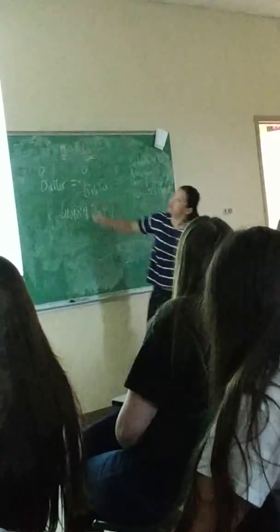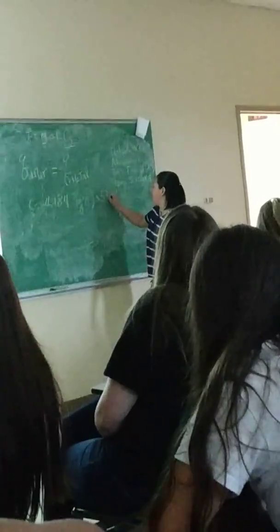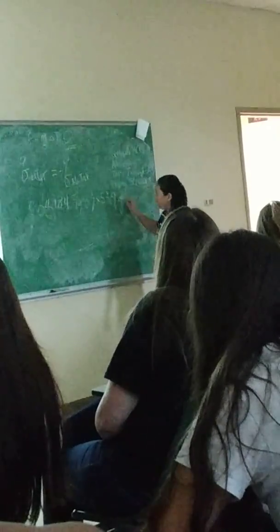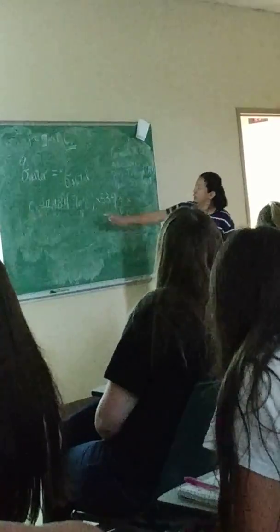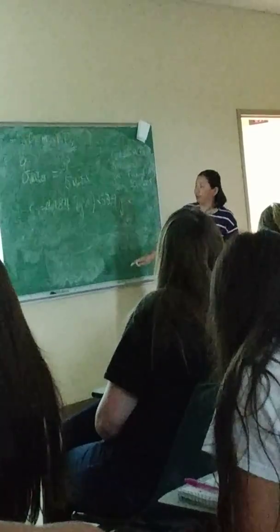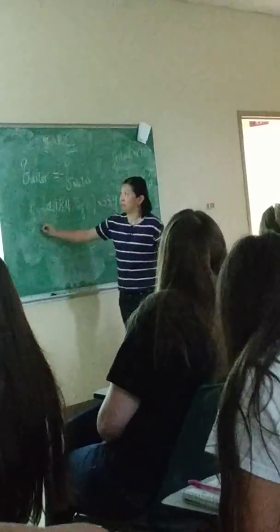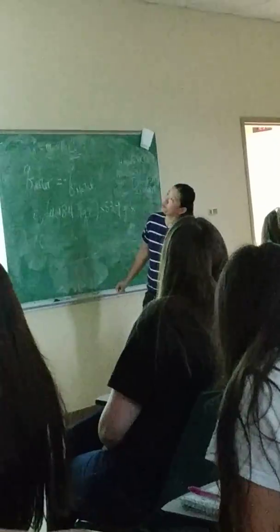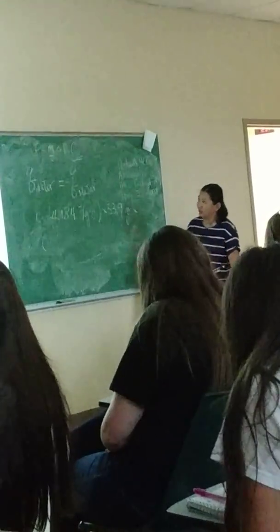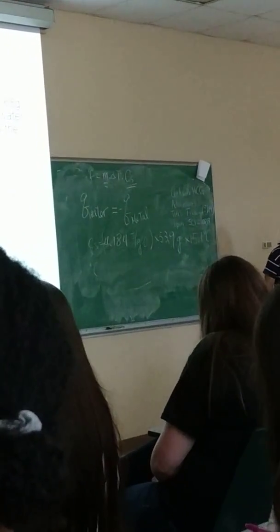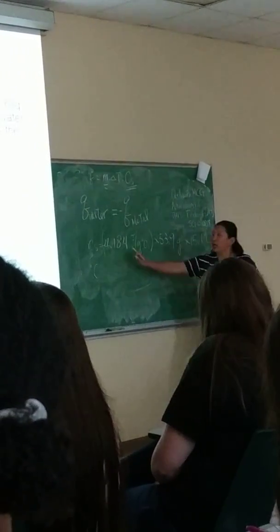Do we have a mass? Yes, we have a mass of 53.9 grams, right? And we multiply by the change in temperature. That is 37.1 minus 22, that's 15.1, right? We good? So you calculate that energy.